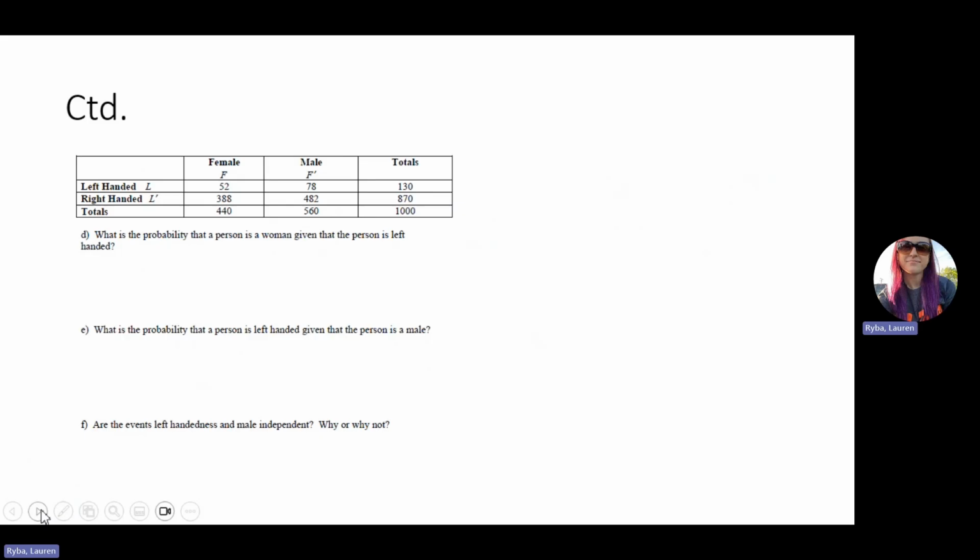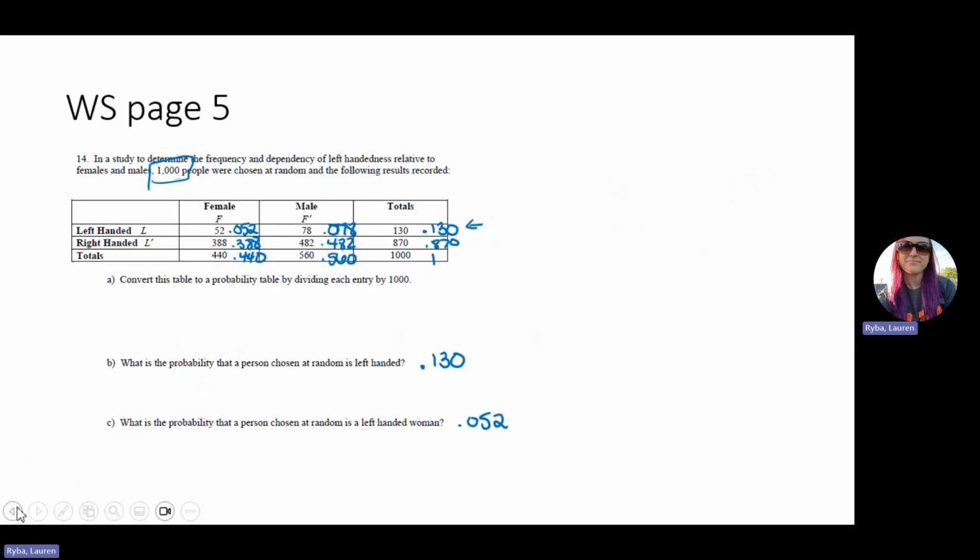Next one, what is the probability that a person is a woman given the person is left-handed? So woman or female given left-handed. The probability of F given L is the probability of F intersect L divided by the probability of L. So female left-handed, we said were 0.052. Probability of left-handed was 0.13. Those were the answers from B and C that we already did.